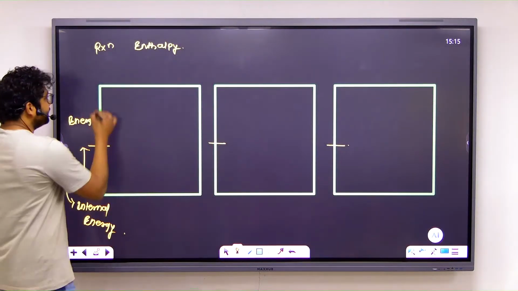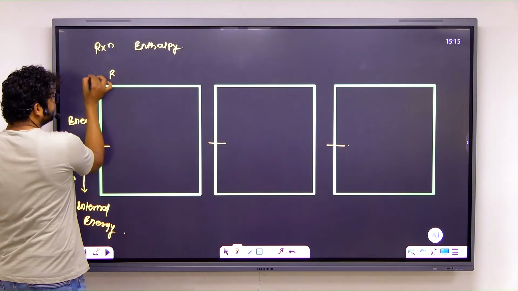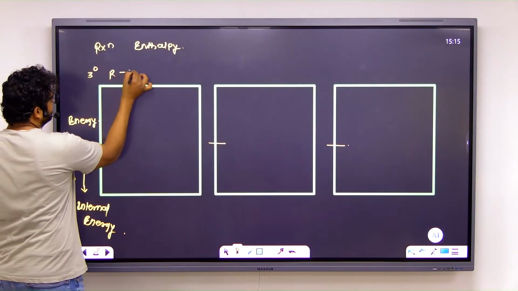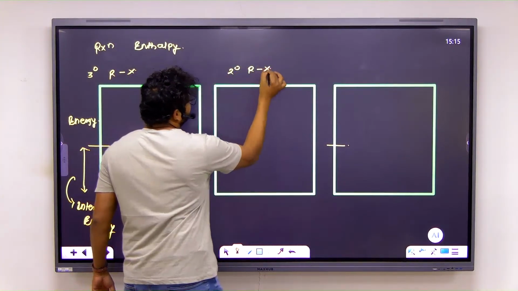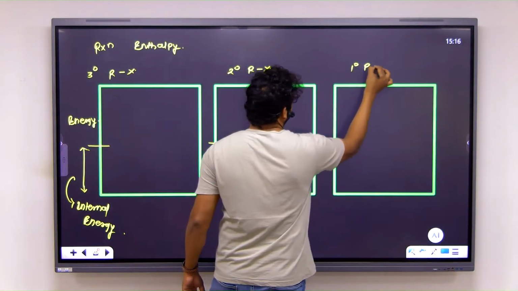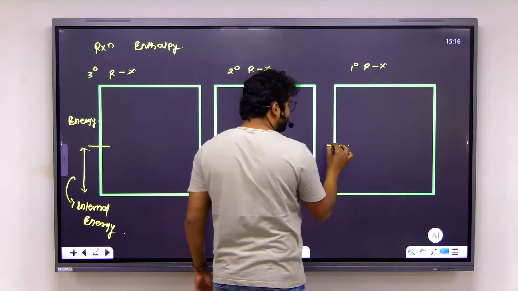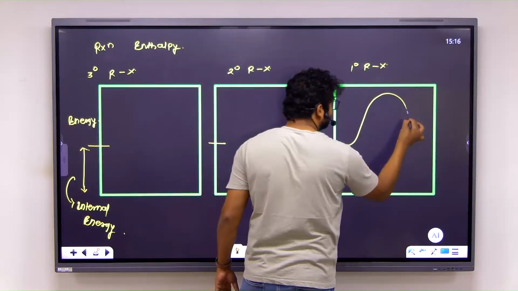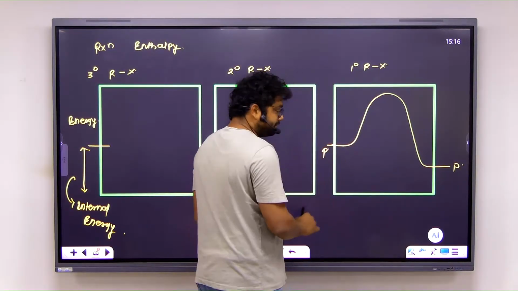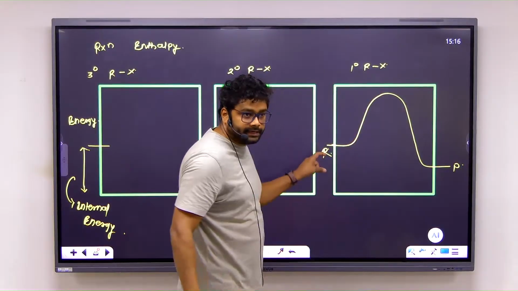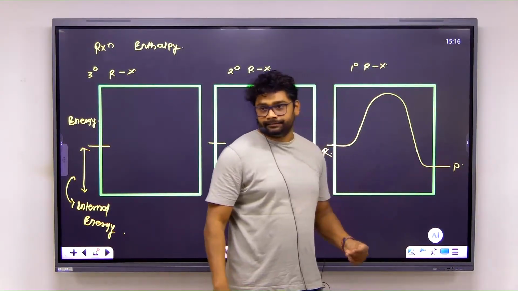Now I have here a primary Rx. Suppose I have a tertiary Rx. This is your secondary Rx, and this is your primary Rx. So the primary Rx is converted into product. This is your product, this is your reactant. It is alkyl halide and this is alcohol.